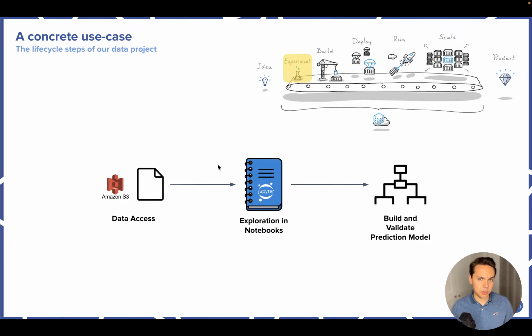The first thing you want to do most of the time when you work on a data project is to explore the data. With Conveyor, you can easily deploy a Jupyter notebook that will be hosted directly in the Conveyor cluster, which means that you will enjoy in that Jupyter notebook the same level of access that your Conveyor project will have when running at scale, as well as the compute power of Conveyor directly.